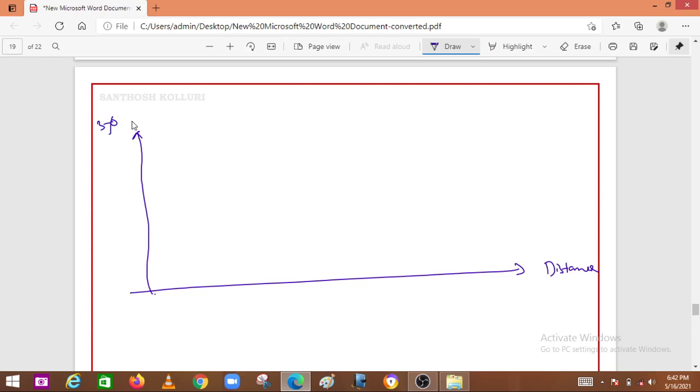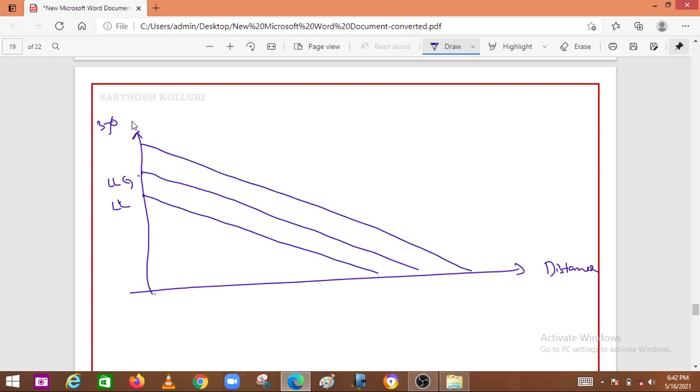I am taking the line to line fault as the minimum fault in the case of distribution system, line to ground or something like this. So my line to line fault will be like this, line to ground fault will be like this, or some three-phase fault will be like this as per the distance I am taking, right?